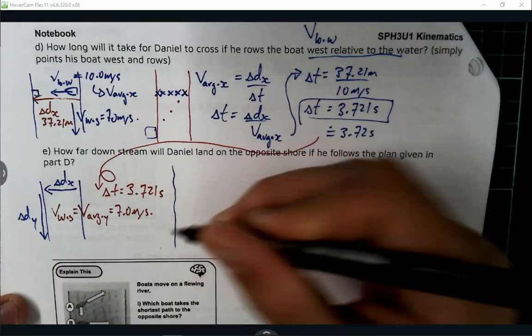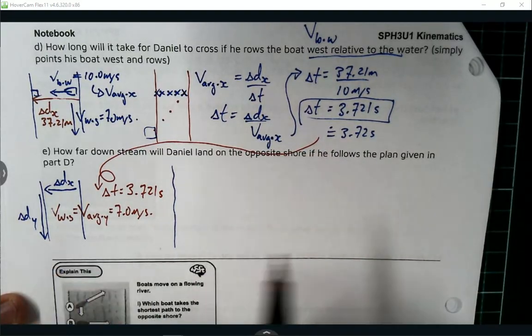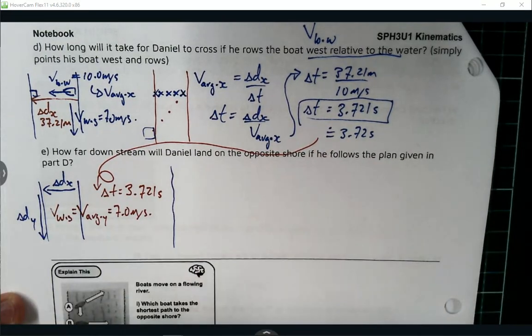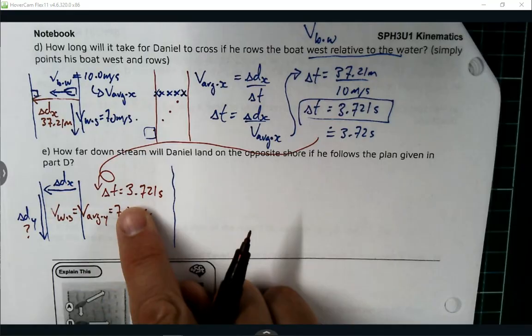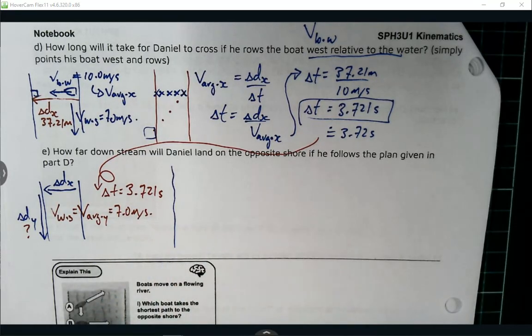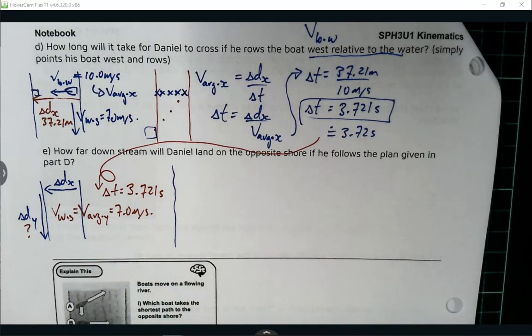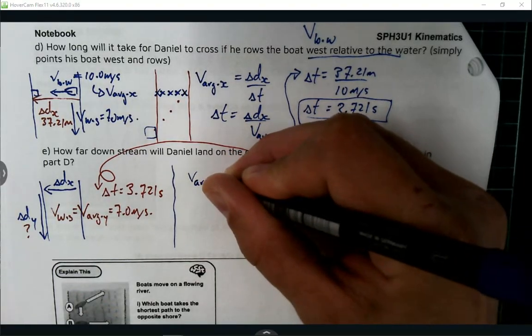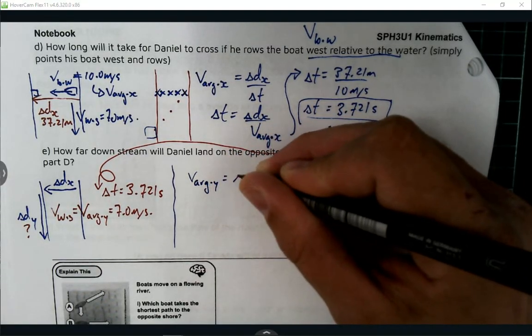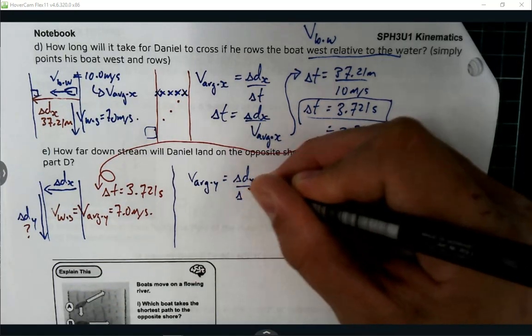If the question is how far downstream am I going to go, I'm looking for delta dy. This is my unknown. I know average velocity in the y direction, and I know how long I'm going to travel for, and notice that there's zero acceleration here. So v average in the y direction is equal to displacement in the y direction divided by time.